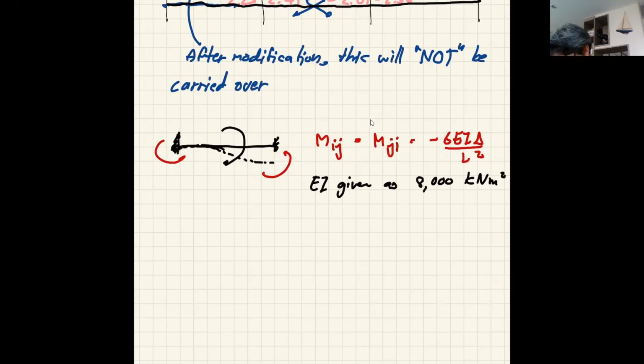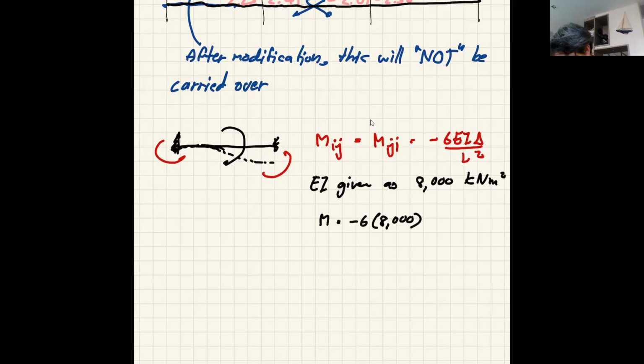I don't have the calculation for the fixed end moment, but I can do it now. And in doing this, you need to be careful with the units of EI. So this moment should be equal to minus 6 times EI, 8,000.